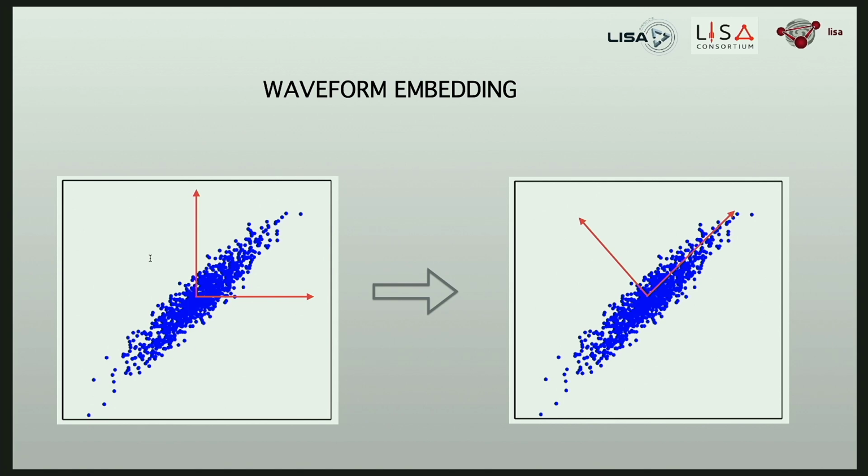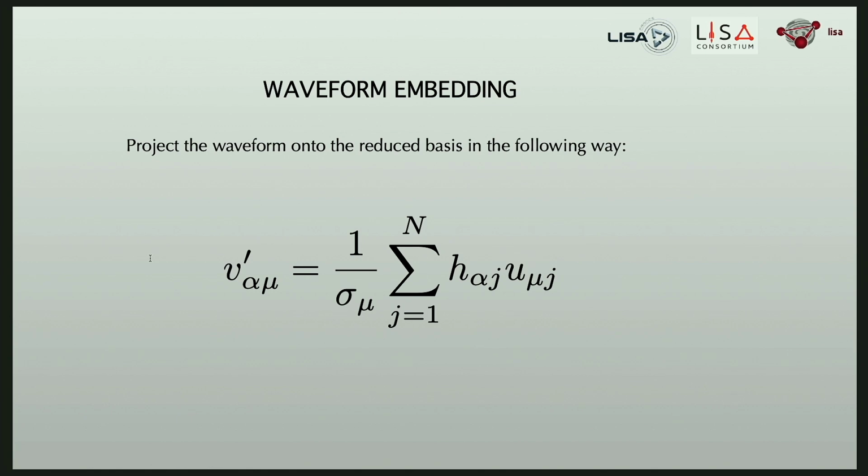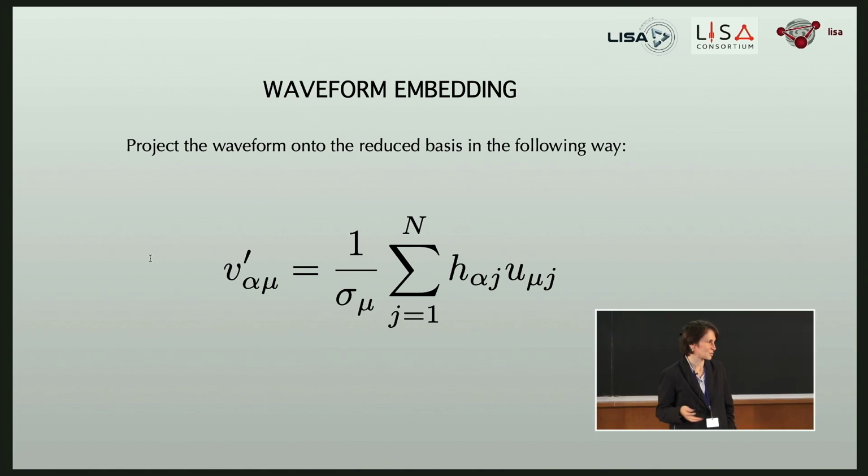The basic idea is that you just find another basis in your data on which you can project it. It's like PCA, and then you just remove all the components in the data that don't have high variance. That's how we project our data on the reduced basis.